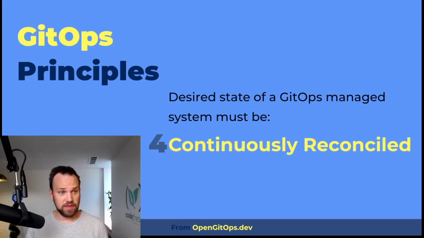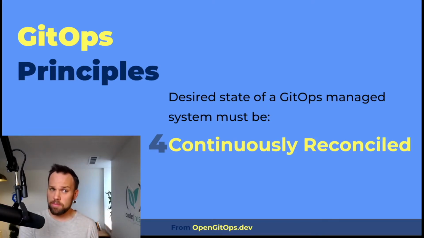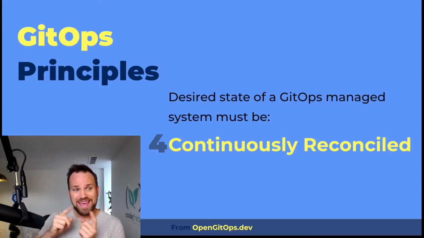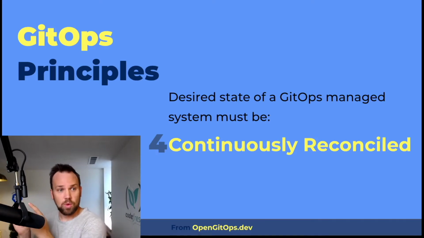And this is different than traditional deployment where, once I update my repo, I could have a deploy hook that happens. Continuously reconciled means if my actual state changes, that would trigger a reconciliation. So state changes in production will trigger reconciliation to occur and basically to resync and get things redeployed.